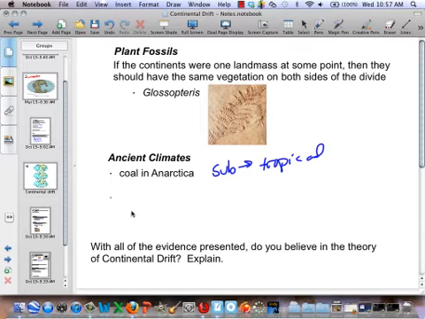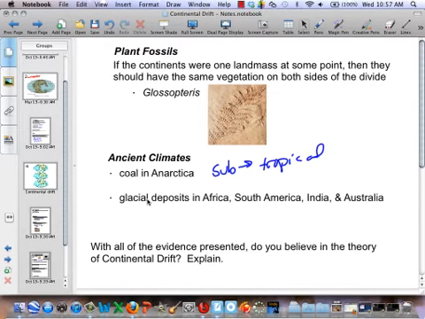And then another piece of evidence he found is that we do have glacial deposits in southern regions of South America, Africa, and even India. Now that's kind of the weird one. South America and Africa, I think you guys can understand that it kind of makes sense that we have glacial deposits.